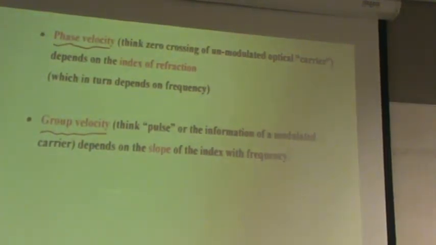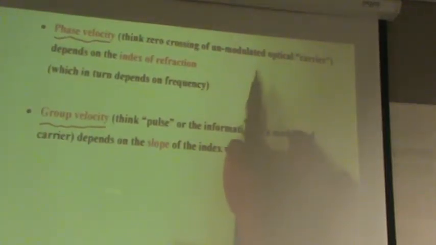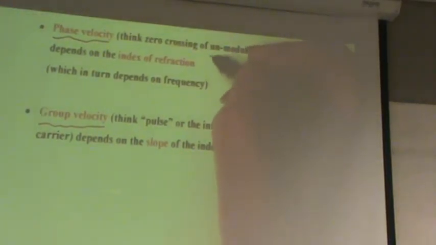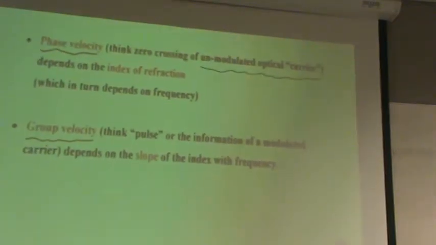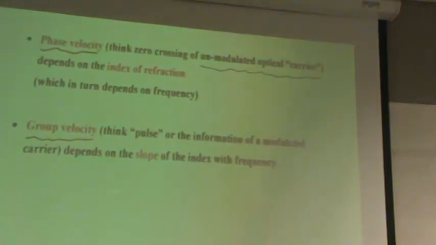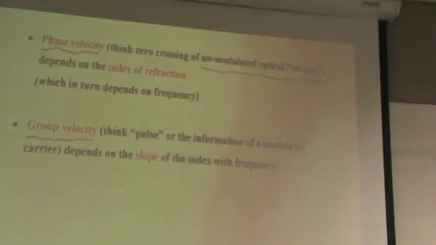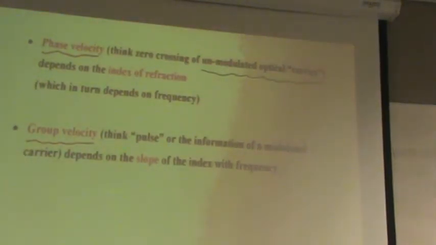In terms of phase velocity, we can think of an unmodulated optical carrier. Carrier is like with AM and FM radio, when you tune to 90.1 or whatever it is, that's the carrier frequency of that signal. On top of that is some frequency bandwidth, the actual signal riding on the carrier frequency.